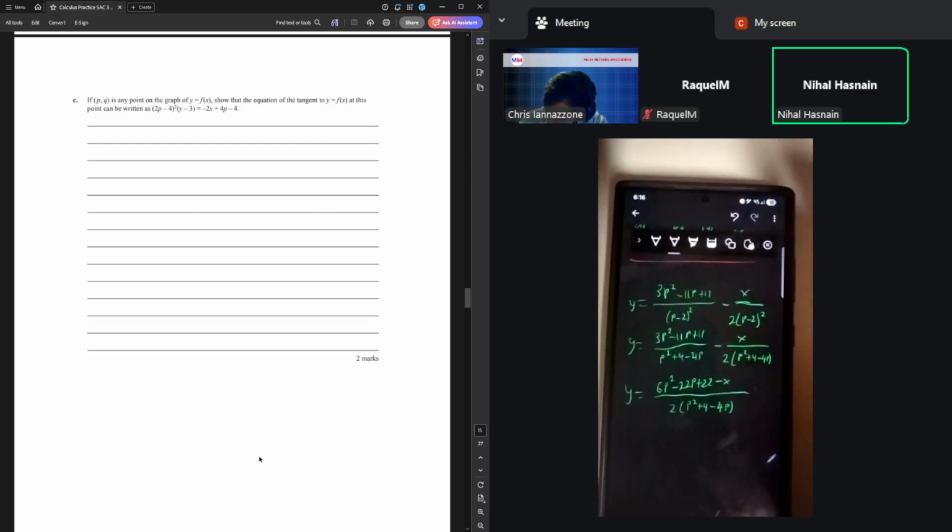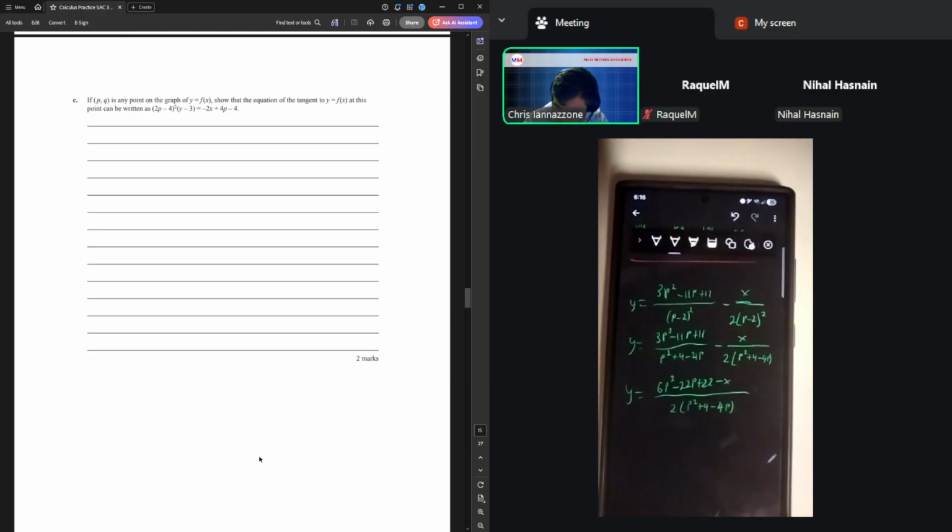Can we factor? Let's CAS factor that top one, see if we can spot anything. Factor: I have 3x squared minus 11x plus 11. Okay, well, that actually can't be factorized, or at least the factors would be roots and stuff, if they do exist. So that's not great.